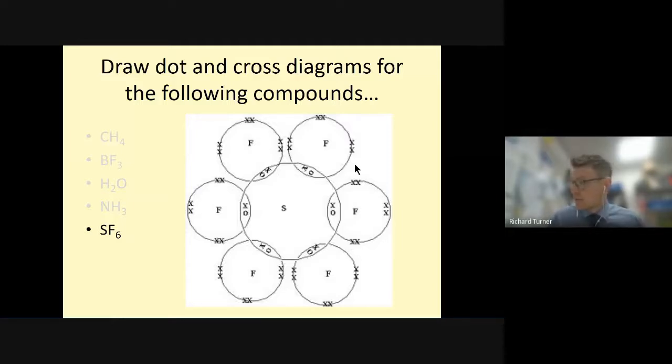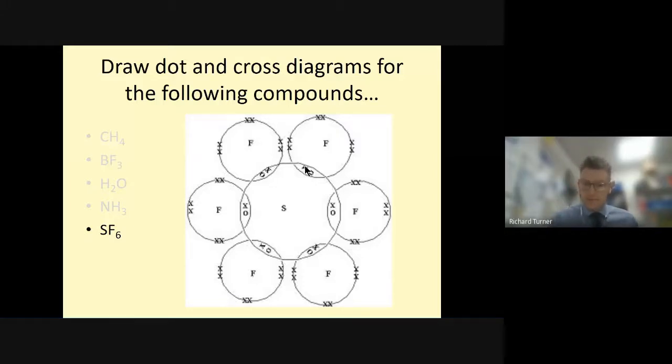If you notice here, we've got 2, 4, 6, 8, 10, 12. We've got 12 electrons in our outer shell. So what we're going to look at at A level is expanding the octet. We weren't wrong at GCSE, we just oversimplified what we were looking at.